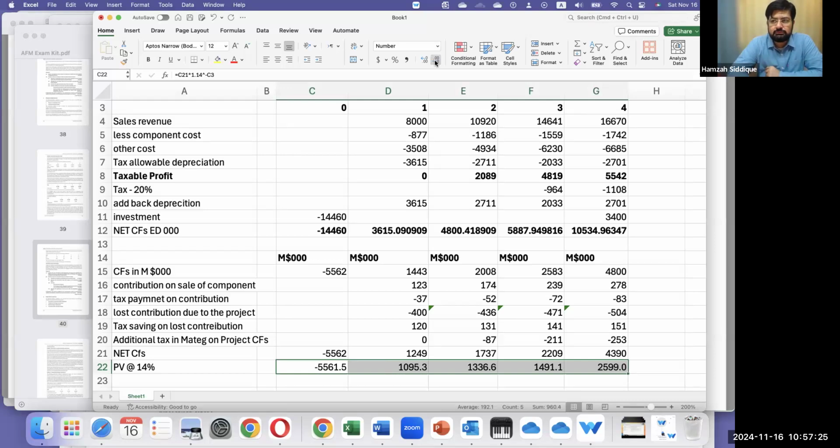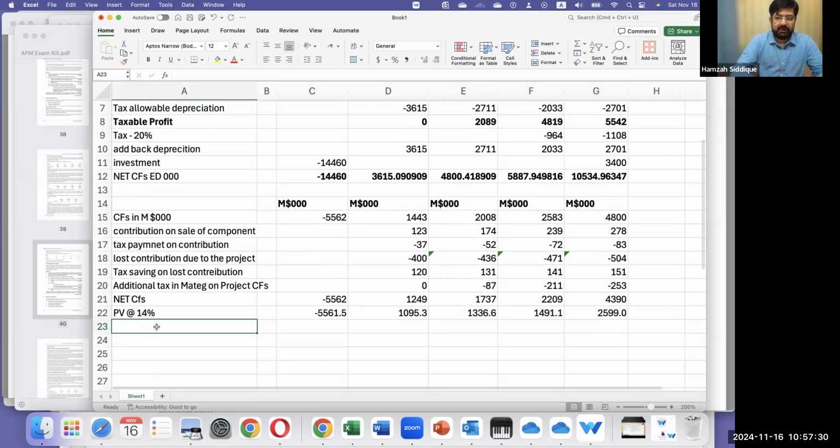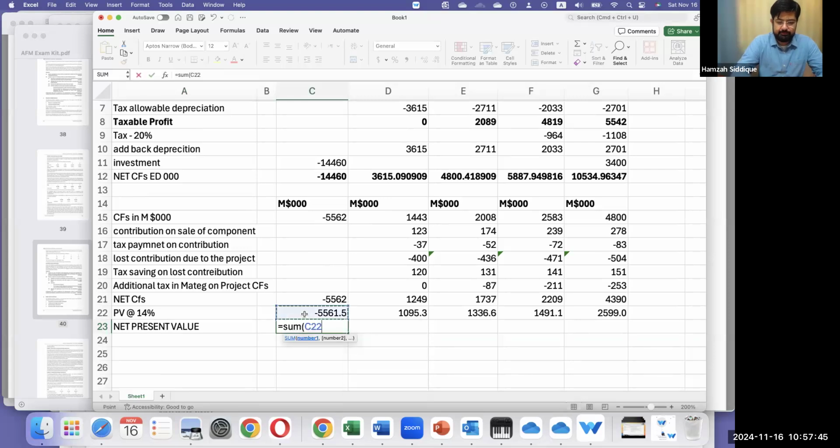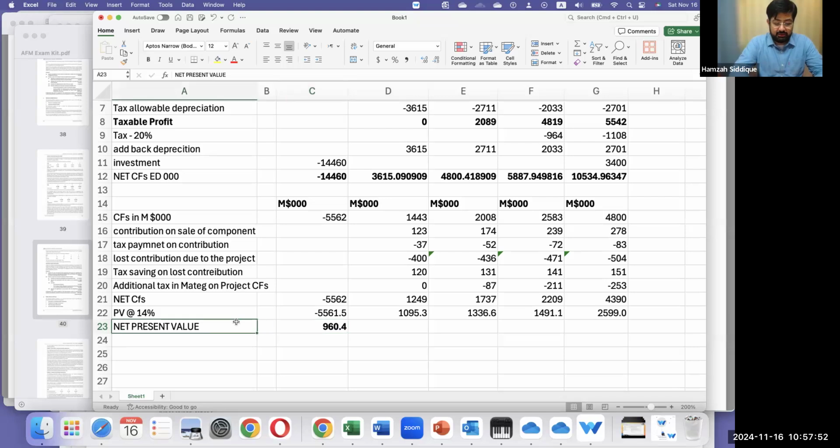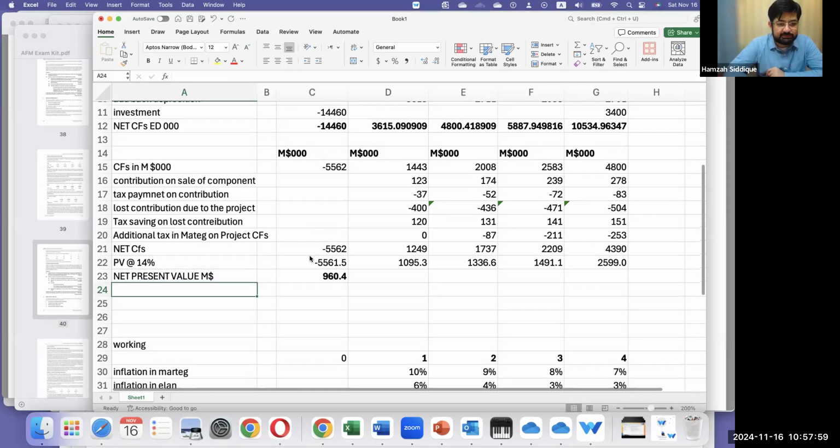Yes. So NPV, net present value, is equal to sum 960.4 million Martech dollars. This part is complete.